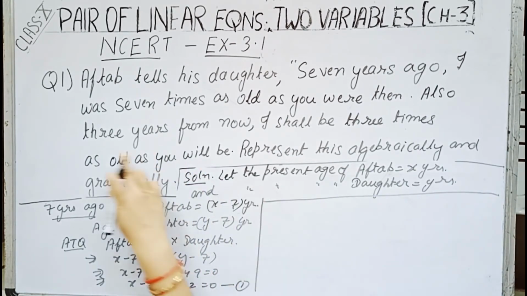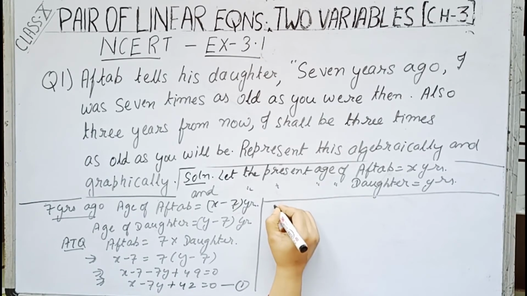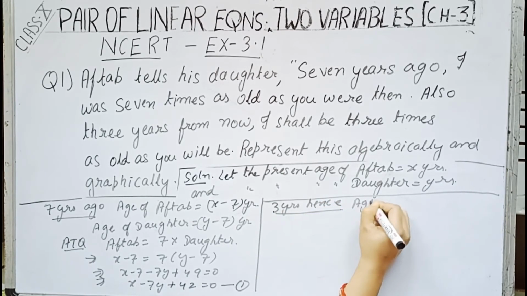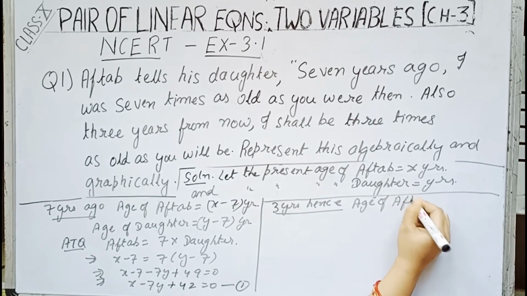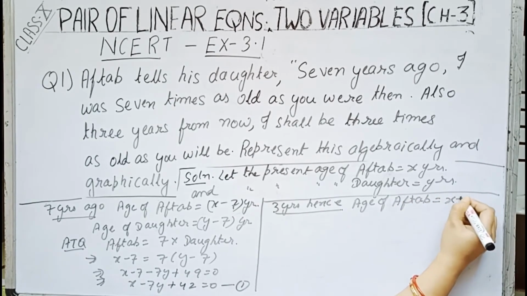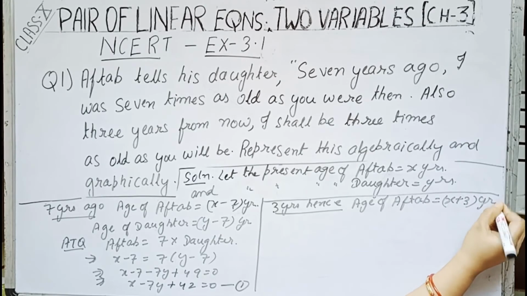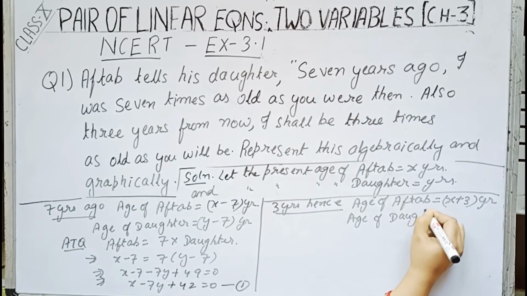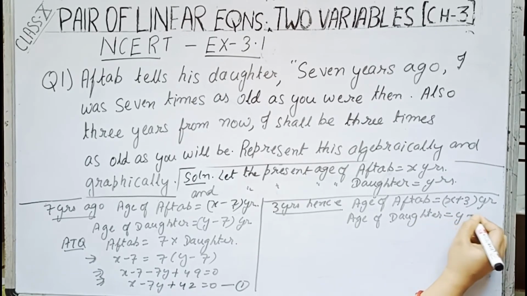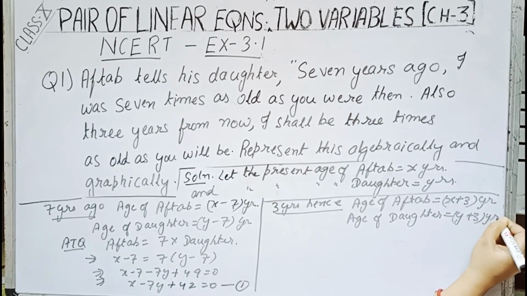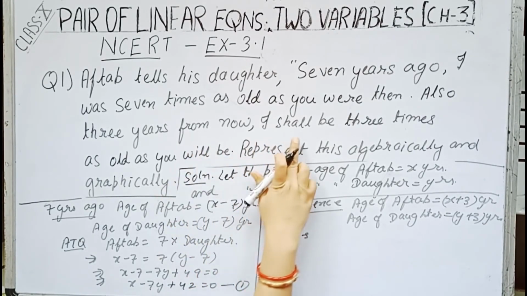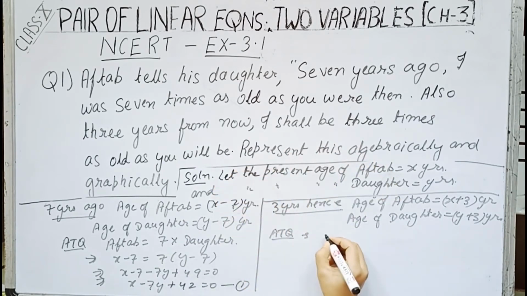Now the second condition, 3 years from now. So we write 3 years hence. The age of Aftab will be x plus 3 years, and the age of the daughter will be y plus 3 years. Again, according to the question, I shall be 3 times as old as you.